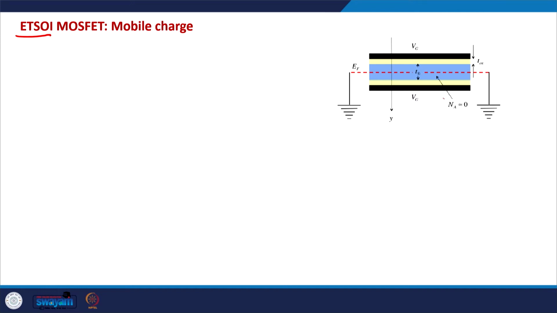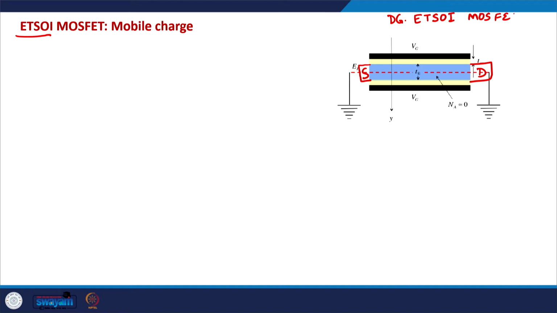The active region of the MOSFET looks like this, in which the channel region is an extremely thin silicon on insulator, and on both sides of the channel, on the top and the bottom side, we have the gate electrodes, and on this side we would have source, on this side we would have drain. This is how the channel region of the DG-ETSOI MOSFET looks like. DG-ETSOI stands for double gate extremely thin silicon on insulator MOSFET.